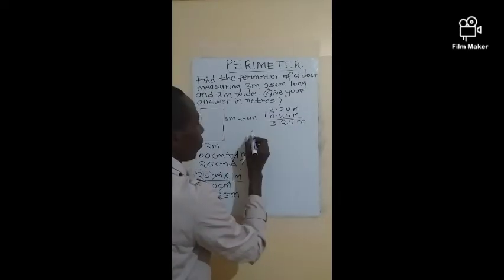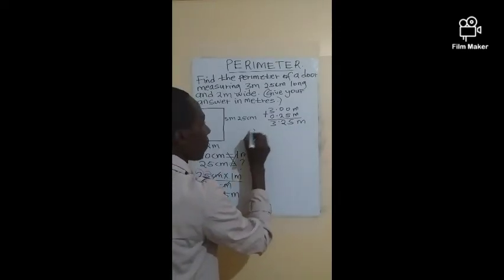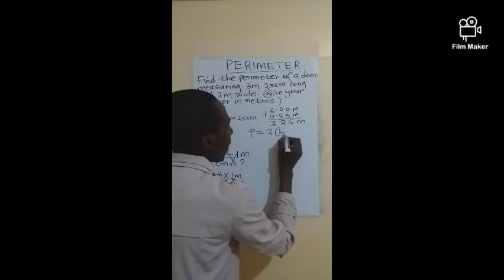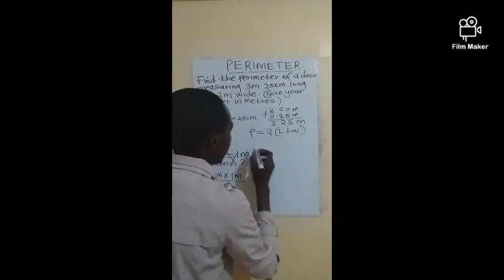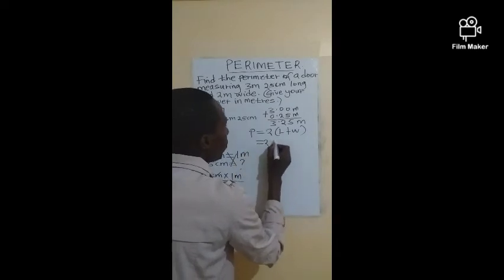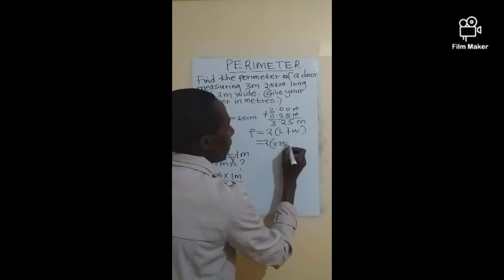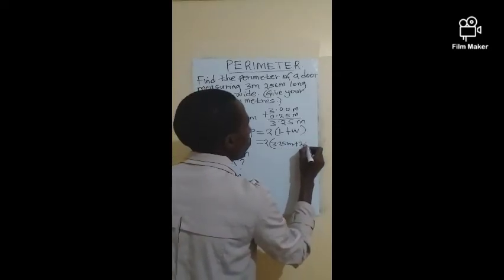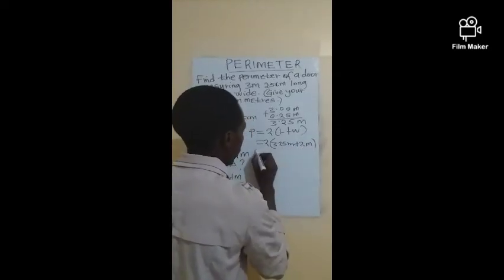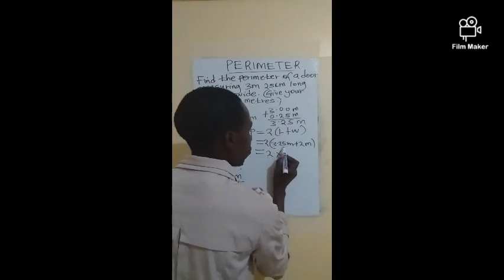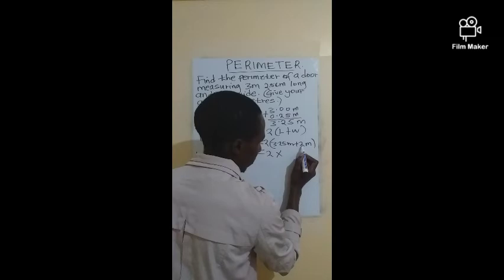Now we use our formula. P is 2 into L plus W. 2 into our length, 3.25 meters, plus 2 meters. 2 times 3.25 plus 2.